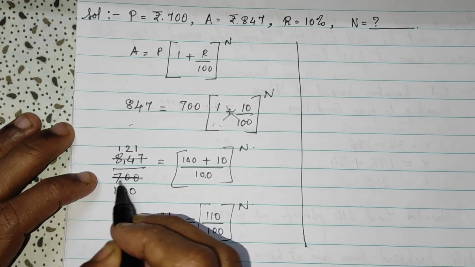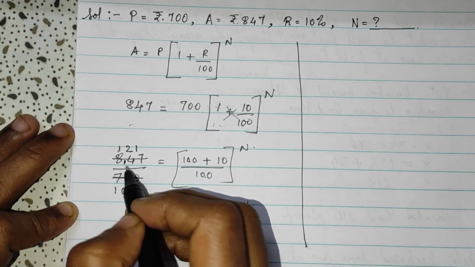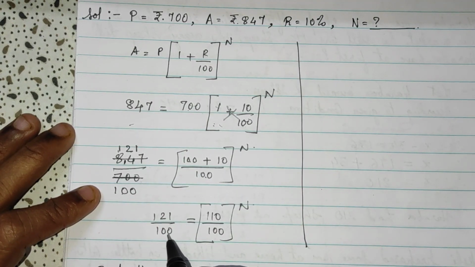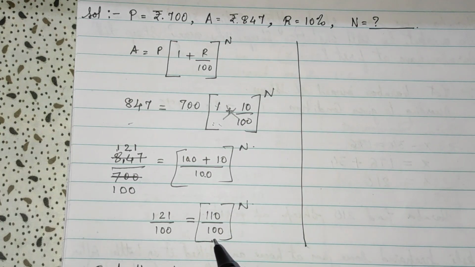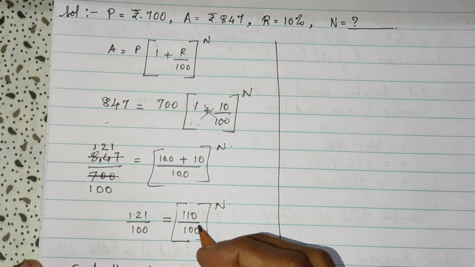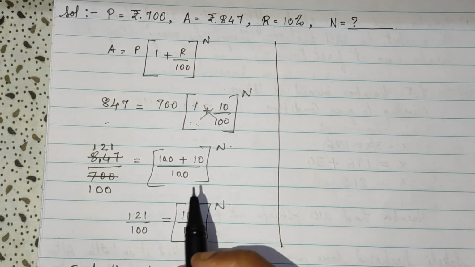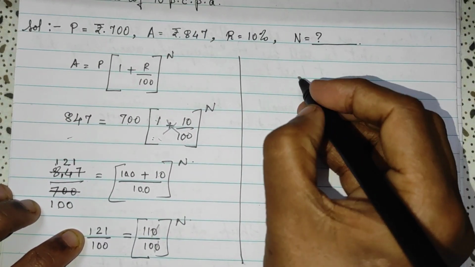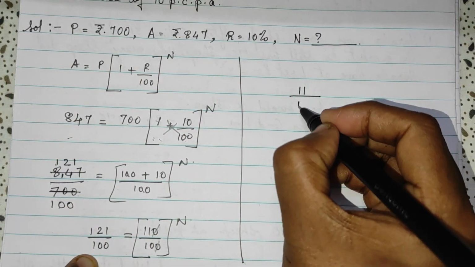Then 7 ones are 7 and 7 0 0. 7 ones are 7, 1 carry, 7 twos are 14, 7 ones are 7. So here we are left with 121 upon 100, and here 100 plus 10, 110 upon 100. So now see, here 0 and 0 will get cancelled, and 121 is the square of 11 and 100 is the square of 10.